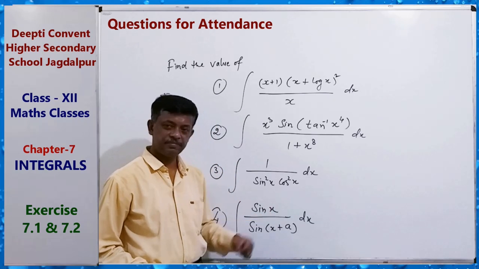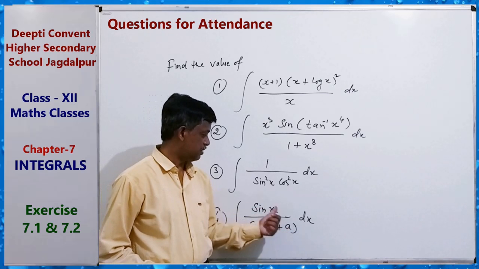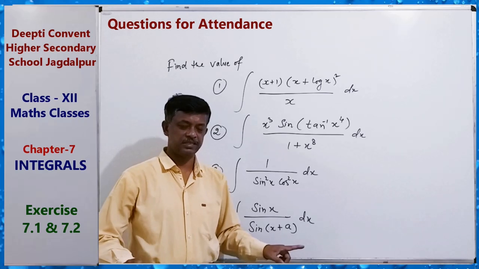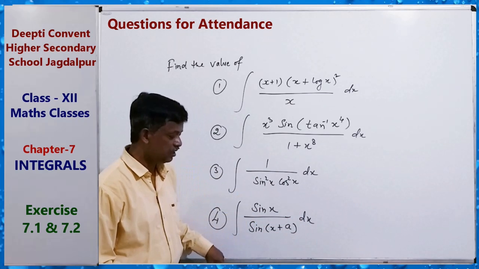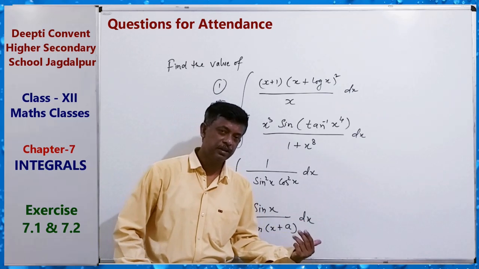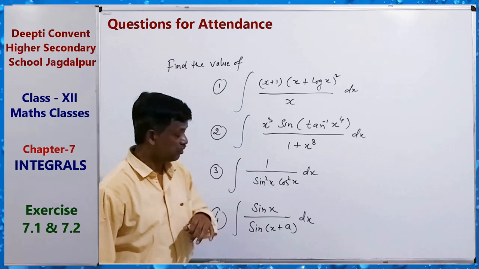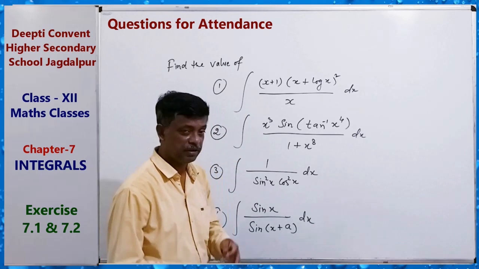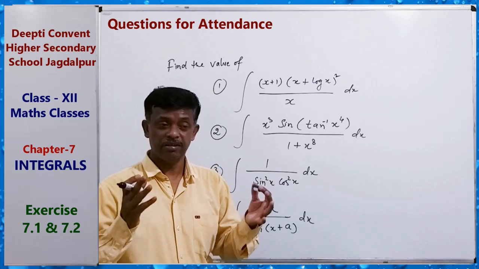Then convert it: sin of t minus a will be here and here sin of t minus a, sin of a minus b. Expand this and distribute in 2 parts and get into integrals and you can solve it, and after solving revert the value of t as x plus a. Then you can get the result. So these 4 questions are for attendance. So today itself you have to solve and make a PDF and send to me before 5 p.m. That will be your attendance. Okay.